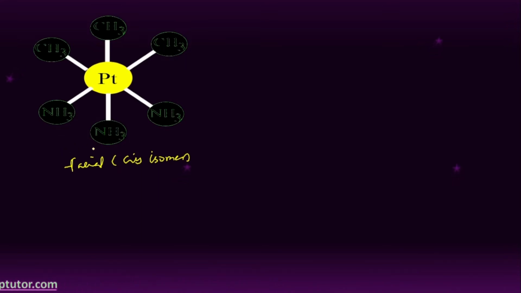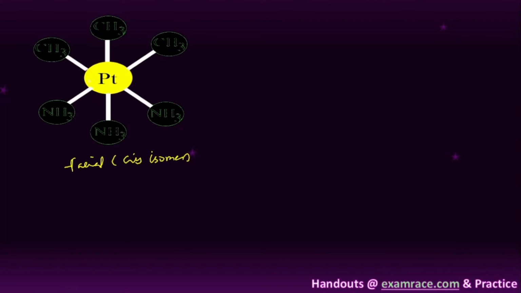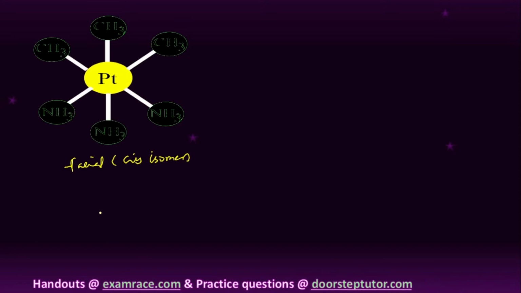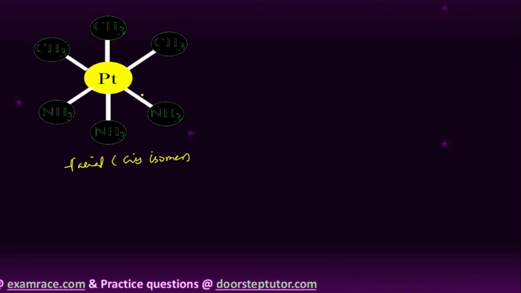Right. So here in this cis isomer, student, you can see only one type of methyl group is present in this metal complex. Therefore it gives only one signal.